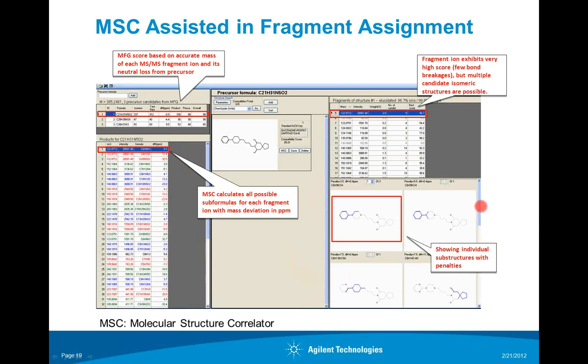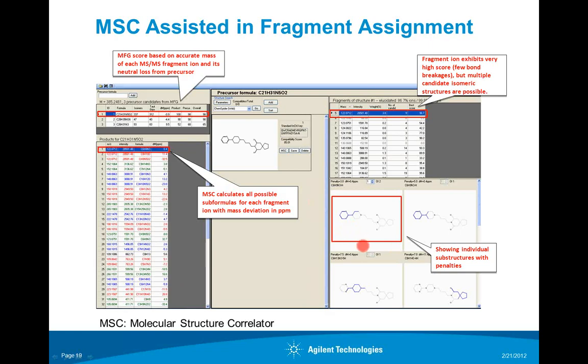The software will also predict the possible structures for each fragment ion based on the accurate mass and the penalty score, meaning how easily the bond can be cleaved. In this case, there are 4 possible structures for this fragment ion, but this one shows the lowest penalty score, and is selected.